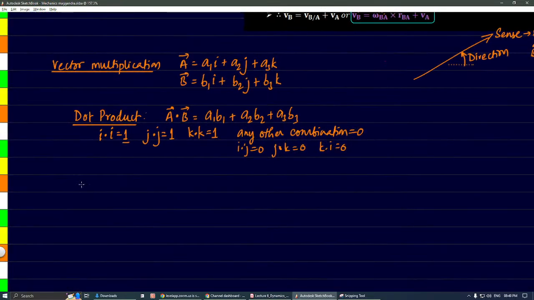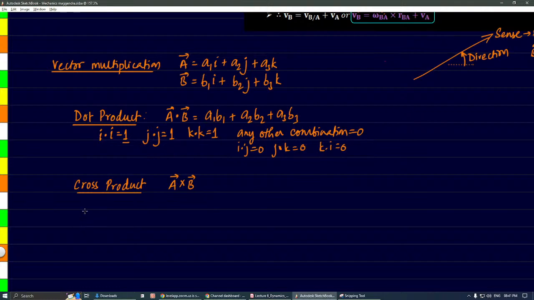Now let us understand cross product. Cross product is written like this: A cross B. Here we have to apply some set of formulae.